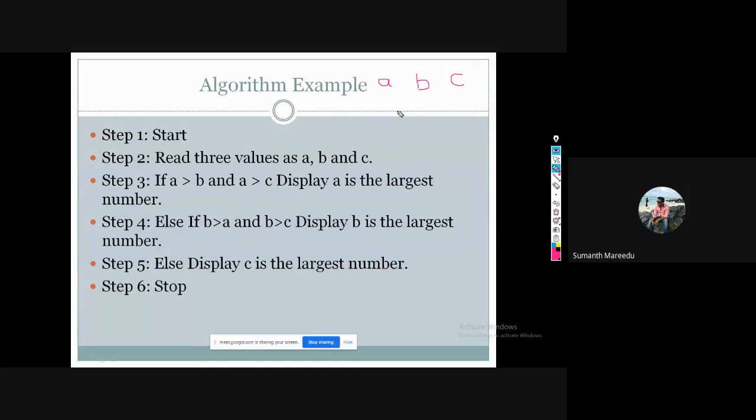To perform this task, what input do you require? If I'm asking you to tell me what is the largest of three numbers, what do you expect from me? Leave the program, leave the algorithm, nothing. I'm just talking normally. If I'm asking you the question, what is the largest of three numbers, what is the immediate question you pose to me?